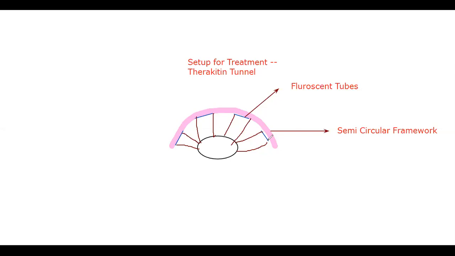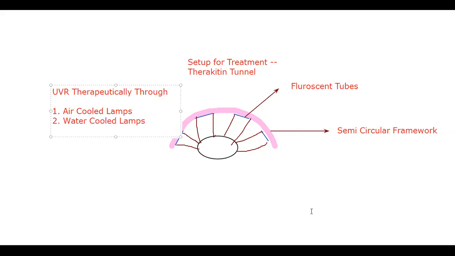So what we have learned till now is that UVR can be produced therapeutically through, first, air cooled lamps, also known as sun alpine lamps. Second is water cooled lamps, also known as our chromium lamps, and third one is fluorescent tubes. Okay, so this is our UVR production.